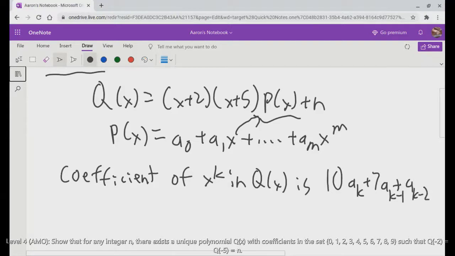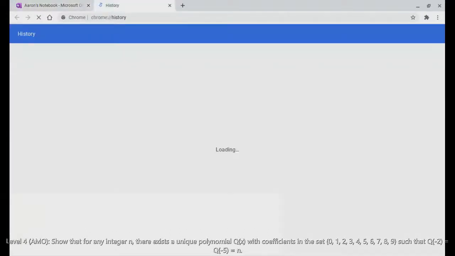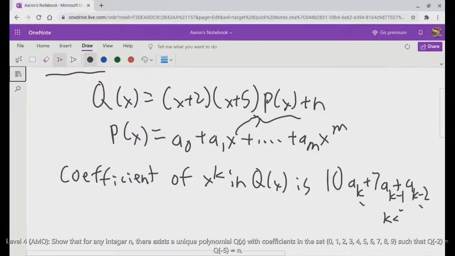This can only hold true when all of these indices are valid, which is basically just when k is between m and 2.